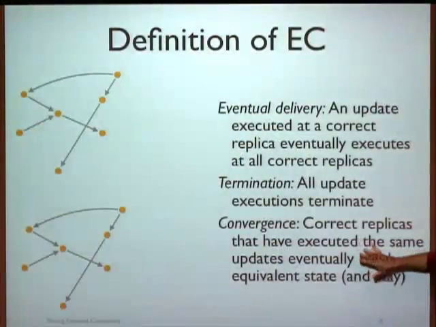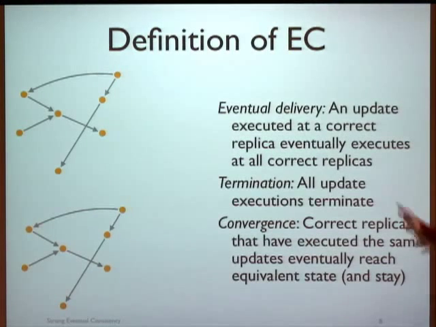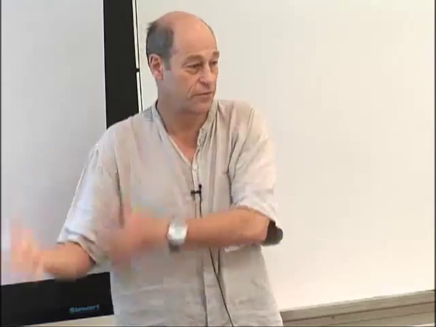And convergence says that all the replicas that have received all the updates will eventually reach the same state. So if your system stops sending updates, everybody will eventually receive the updates so far and eventually will converge to the same value. But this doesn't preclude diverging, rolling back, reconciling, diverging, rolling back, reconciling, etc.